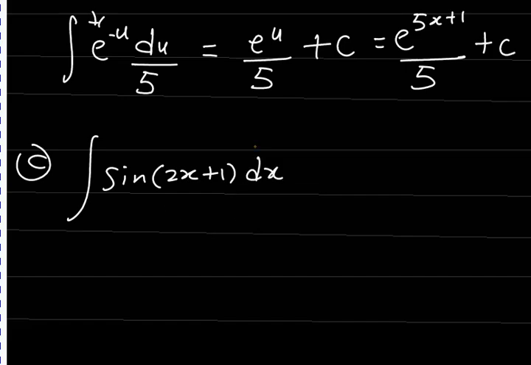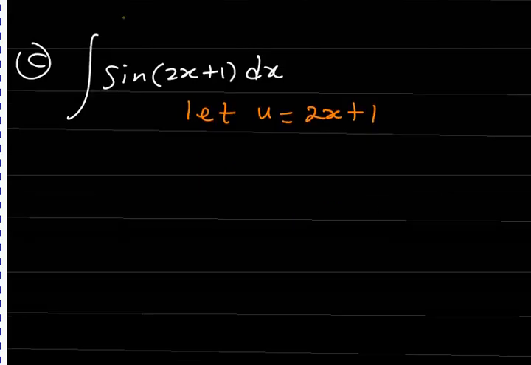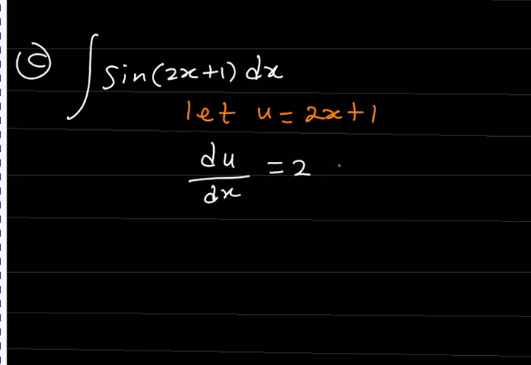So of course, as usual, let u be equal to 2x plus 1. If I evaluate du with respect to x, I have 2. So from here, dx is going to be equal to du all over 2.